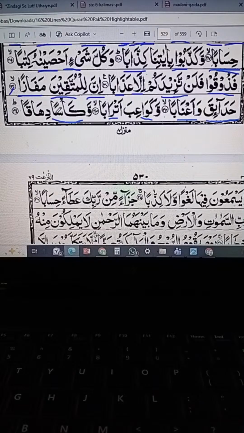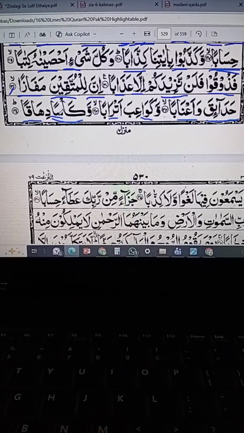Wa ka'san dihaqa. Again in this alif is here, before alif there is a zabar, we have to stretch it. Dihaqa, as I do gunna here. Ka'san dihaqa. So if I ask you, do you know tanween? Two zabar, two zir and two pesh is called tanween.